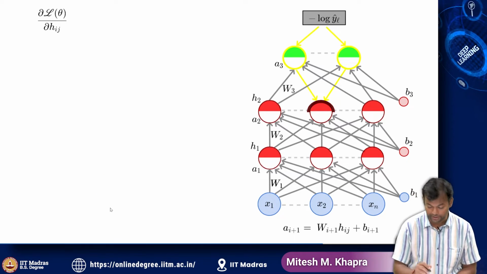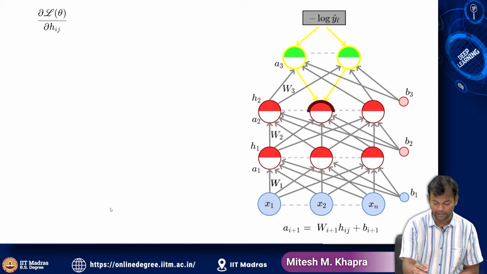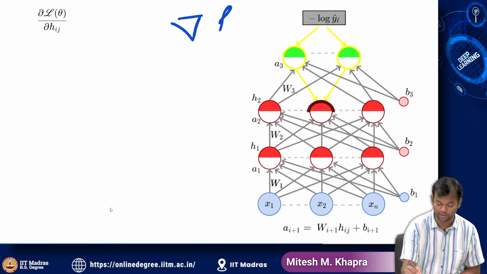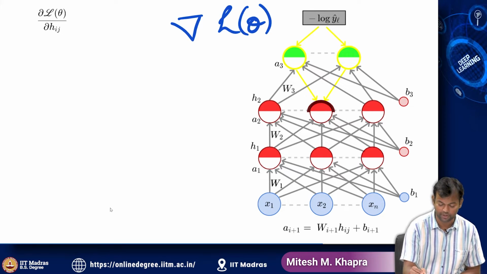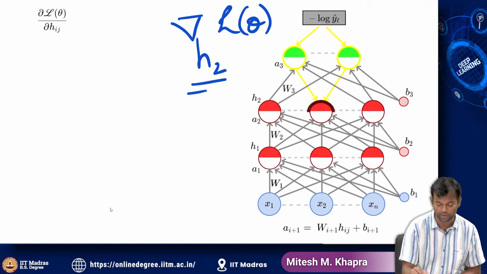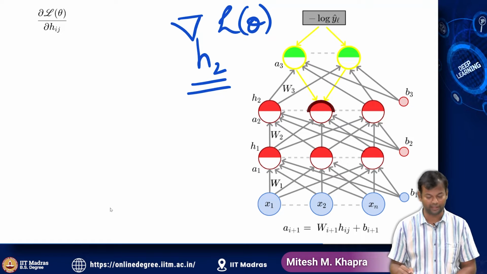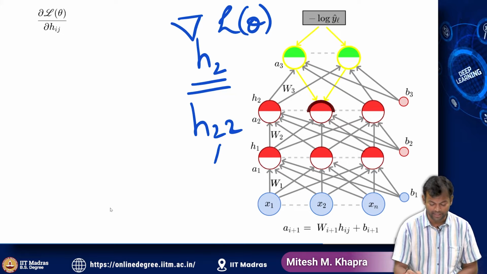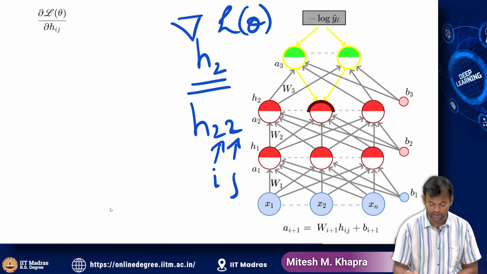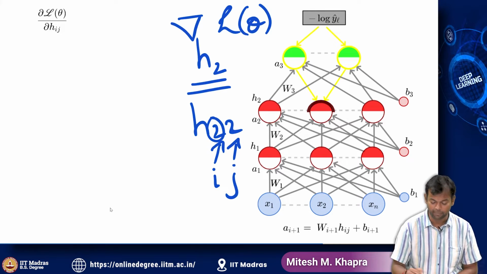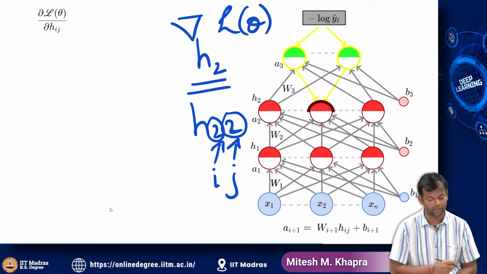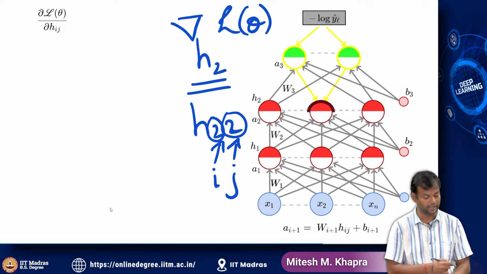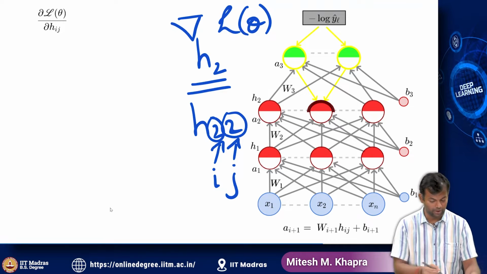Again, we are interested in the derivative, or the gradient, of the loss function with respect to h2. Remember, h2 is a vector, but I won't go to the vector directly. I'll focus on one element of this, maybe h22, and in general I'm just going to call it hij, where i is the layer number and j is the neuron number in that layer. Okay, let's remember that. So that is the setup.